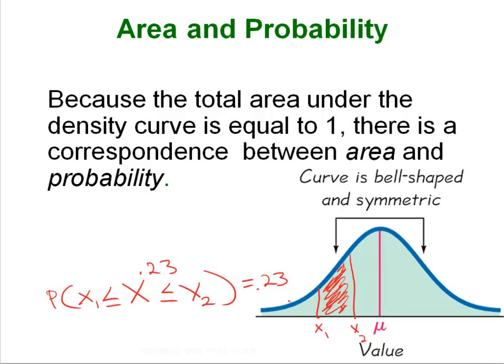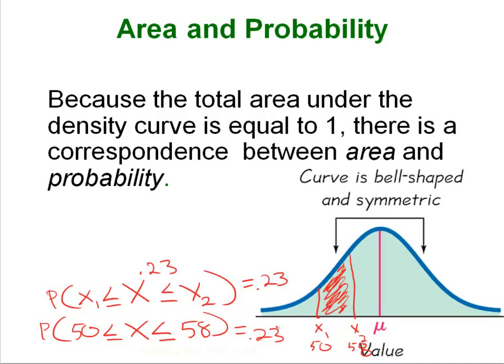So this normal curve is going to represent some sort of experiment, like maybe these are the heights of adult males, and x1 here is 50 inches tall and maybe this is 58 inches tall. So this is saying the probability of picking one adult male at random and finding out that that person is between 50 and 58 inches tall is 0.23, or there's a 23% chance that a person would be between those two heights. That's what's going to happen with these types of questions.